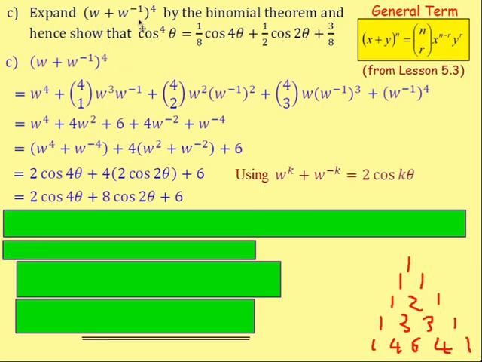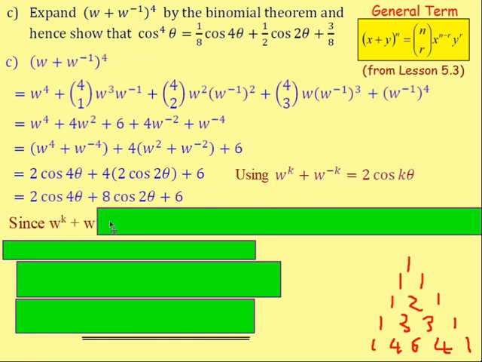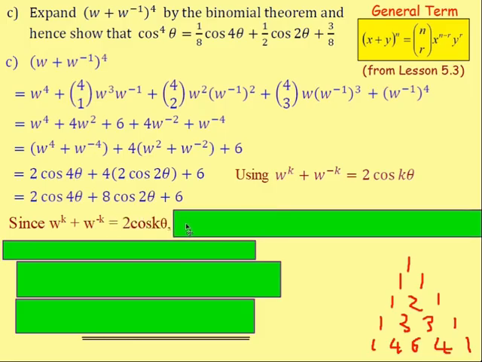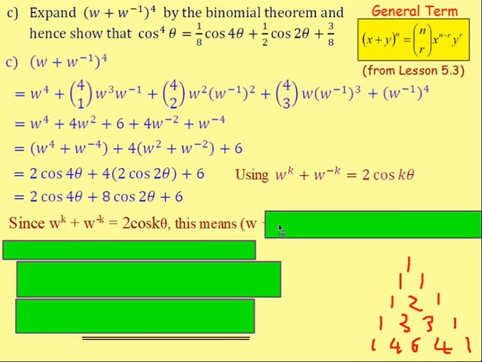So we've got w plus w to the power of negative 1 all to the power of 4. But using this, w to the power of k plus w to the power of negative k is 2 cos k theta, so lots of you might be thinking, we've got w plus w to the power of negative 1. Really what we're doing is replacing the k with 1, because then that'll be w to the power of 1, and then w to the power of negative 1.